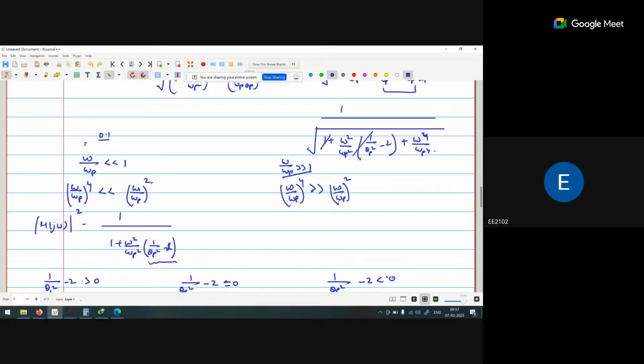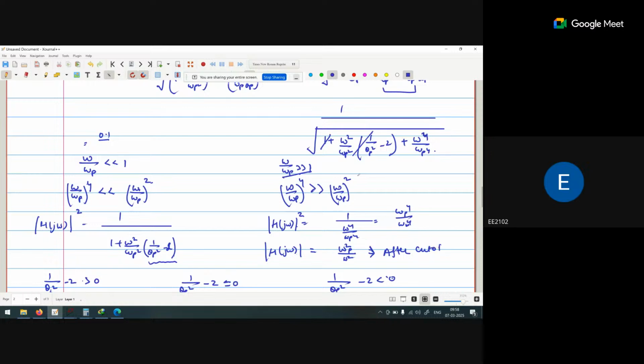So what is |H(j omega)| square? It is 1 upon omega 4 upon omega p4, that is equal to omega p4 upon omega 4. And if I take the magnitude only, taking the square root, it becomes omega p square upon omega square.